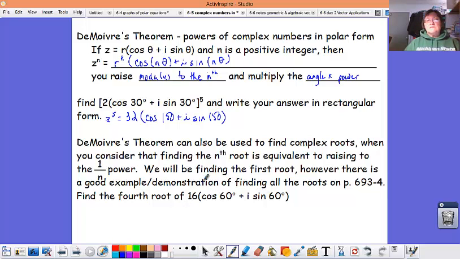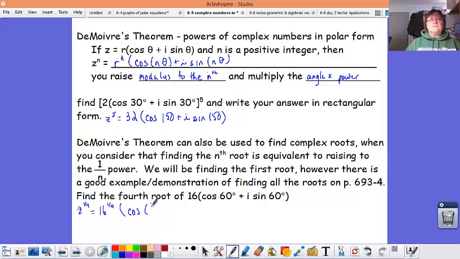There is a good demonstration of how you find all of the roots of the number, but we're going to just go for the principal root, that is the first one that you find. So we're going to find the fourth root of z, the 1/4 power. We take the modulus, 16, and raise it to the 1/4, and then it's the cosine of the angle times 1/4, because that's what the multiplier is, the exponent.